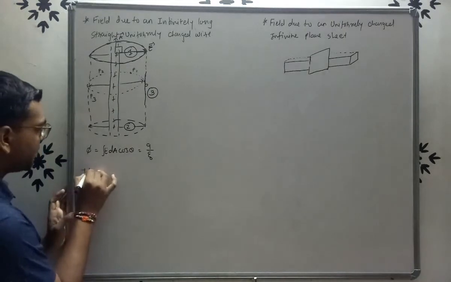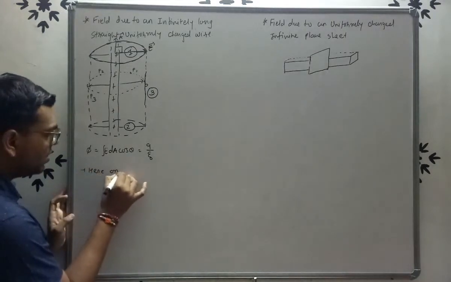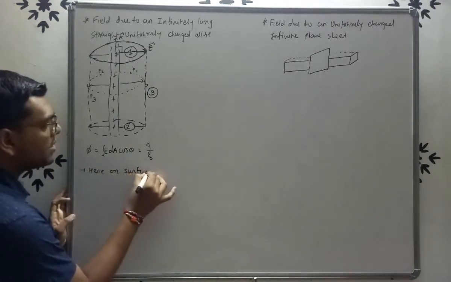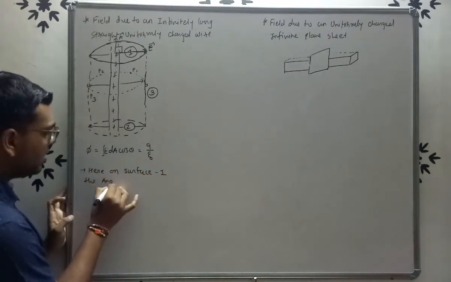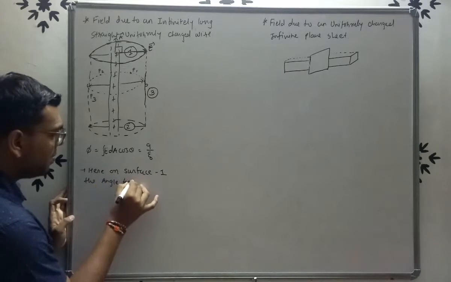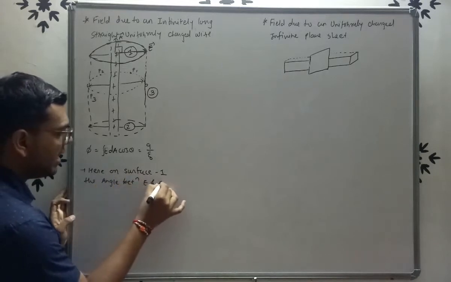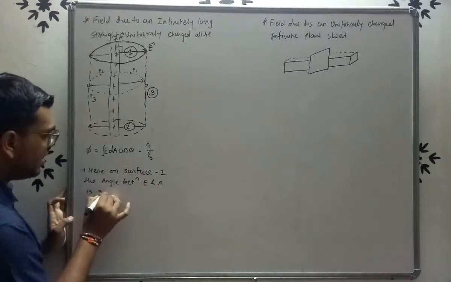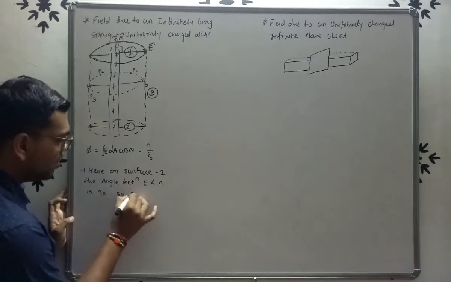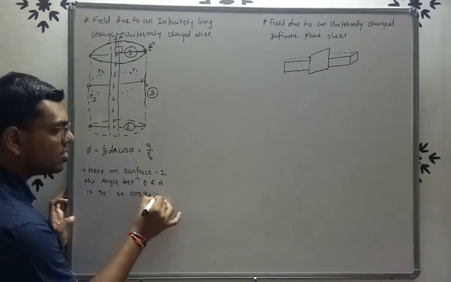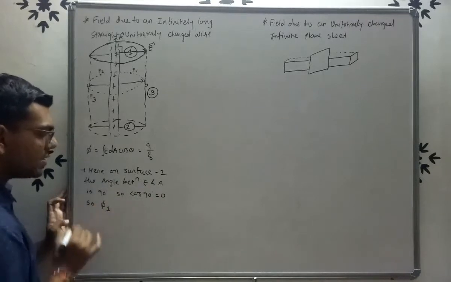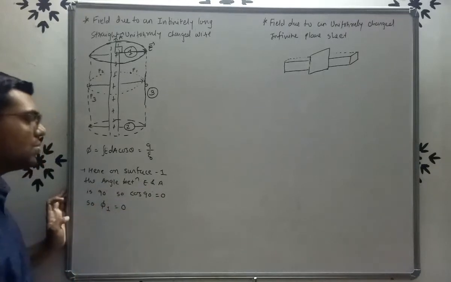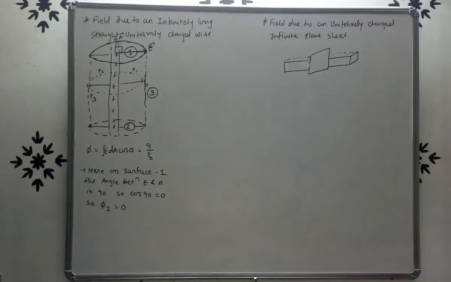So on surface 1 the angle between E and A is 90, so cos 90 equals 0. So the flux on surface 1, that is phi 1, equals 0, right?